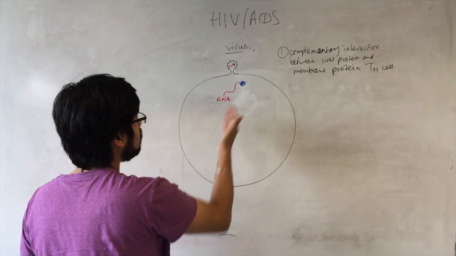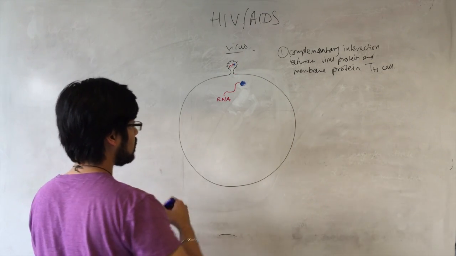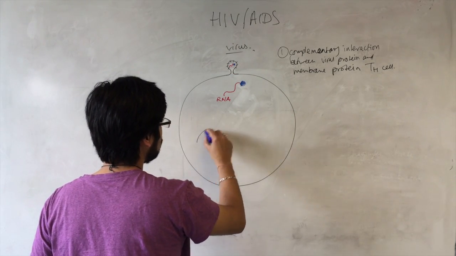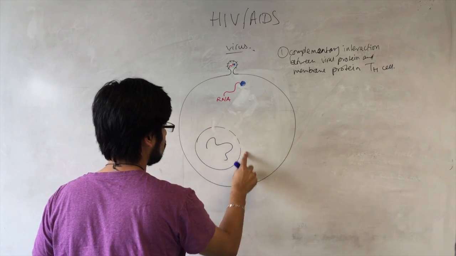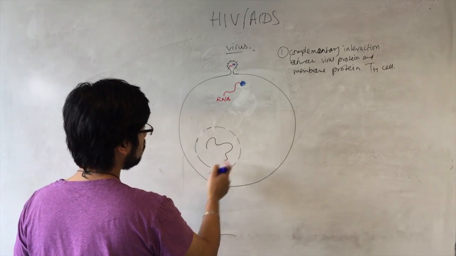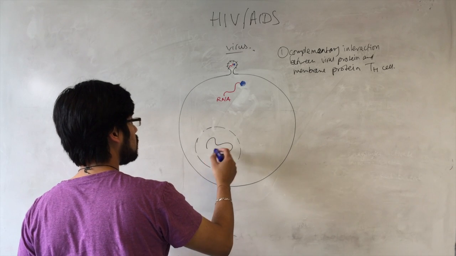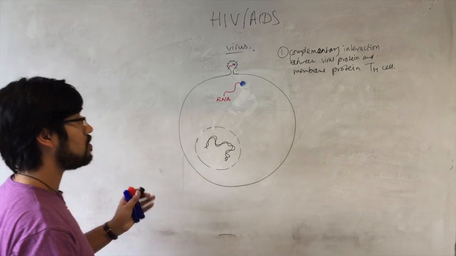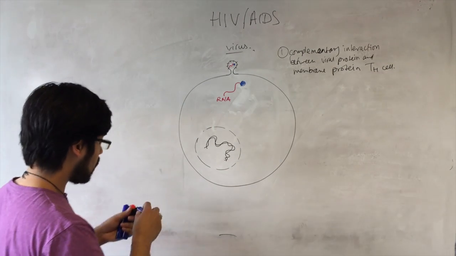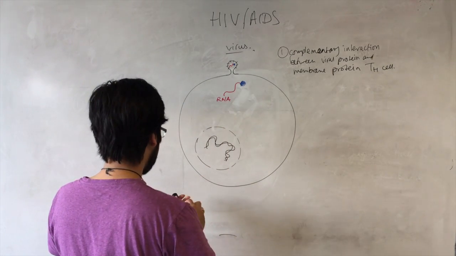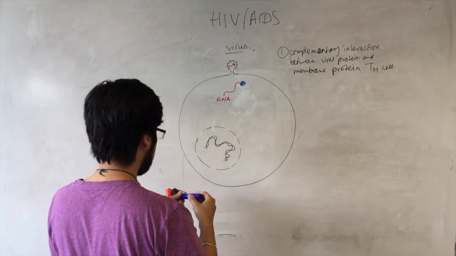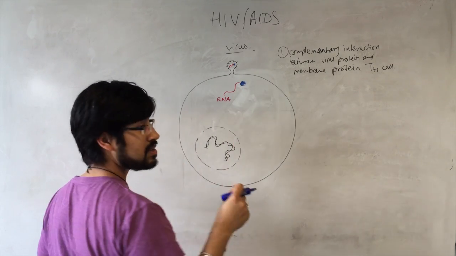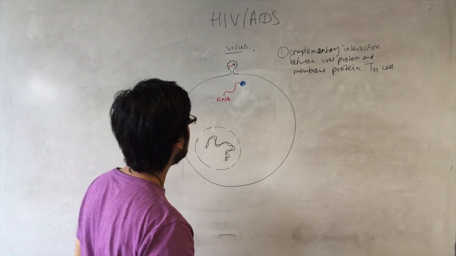Okay, now what's going to happen is, I'm just going to draw that in your nucleus. In your nucleus, you have your DNA. All right, now I'm just going to draw effectively just one bit of it, just to show you what's going on. Now what happens is the reverse transcriptase, and this is why the reverse transcriptase is an essential component of the virus particle.